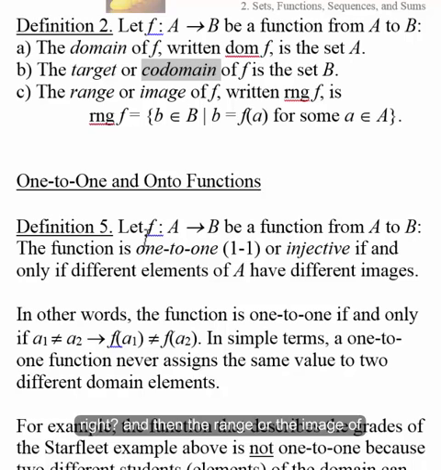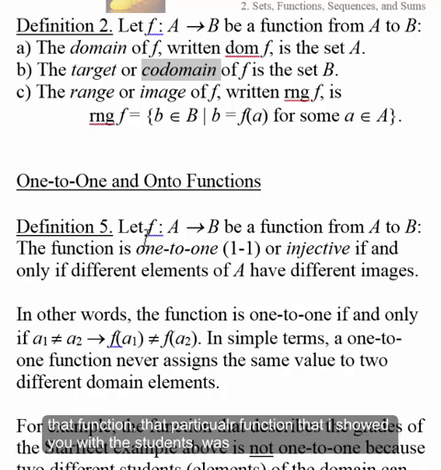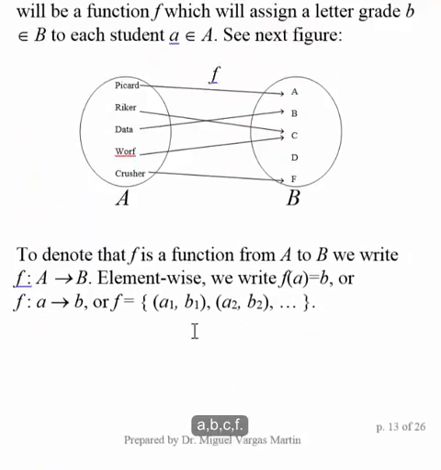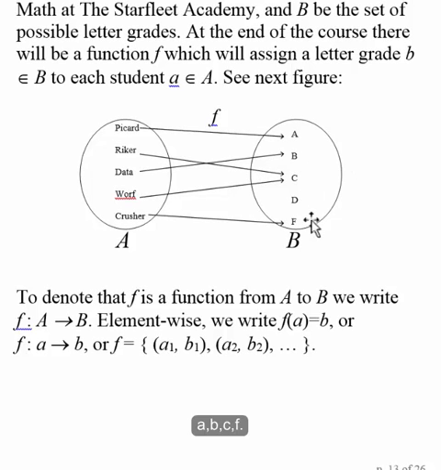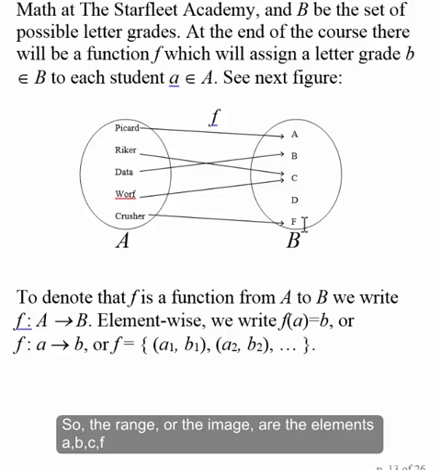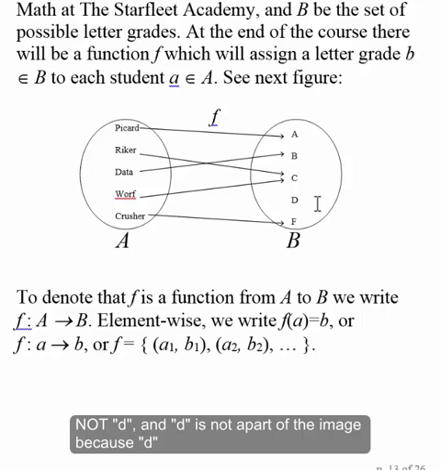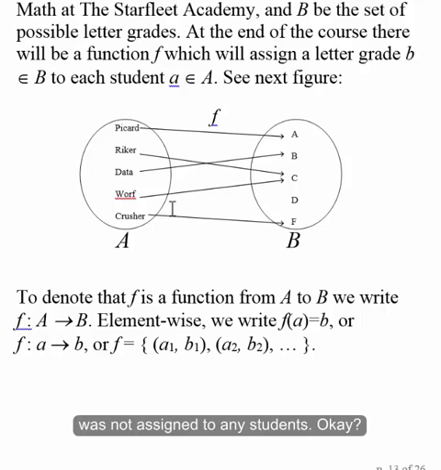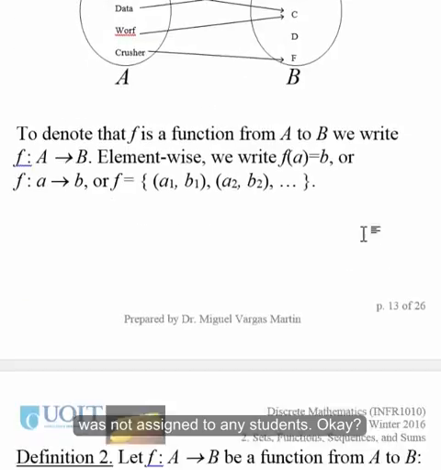And then the range or the image of that particular function I showed you with the students was A, B, C, F. So the range or the image are the elements A, B, C, and F, not D. And D is not part of the image because D was not assigned to any students.